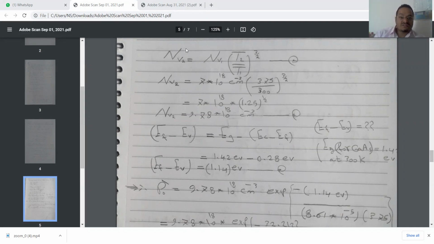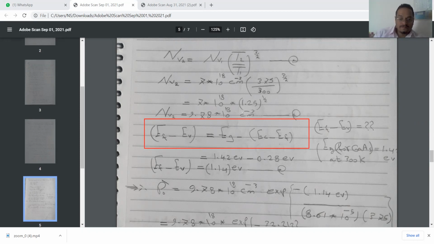Now, by using this relation, it's important, we will use it more and more in the next questions: EF, the Fermi level, minus the valence band equals KT minus EC, the conduction band, minus the valence band.